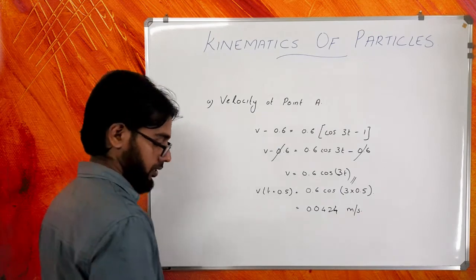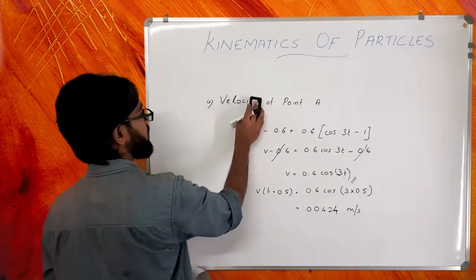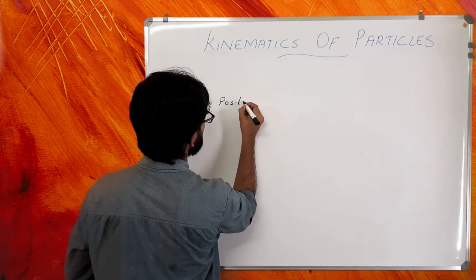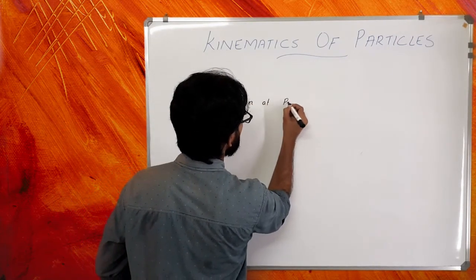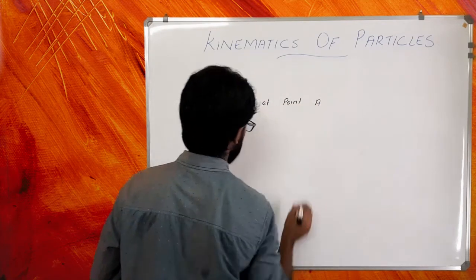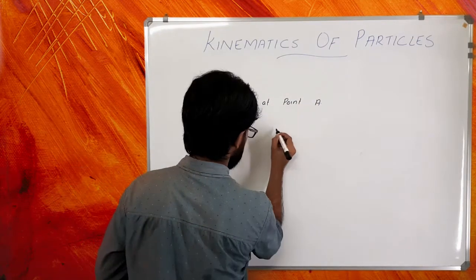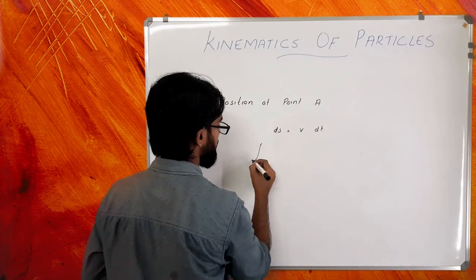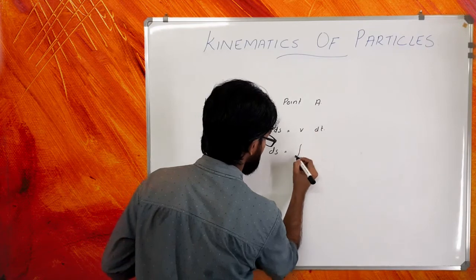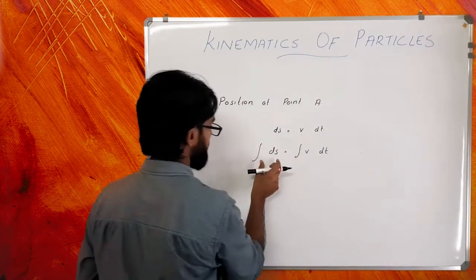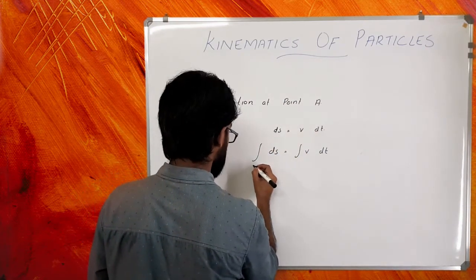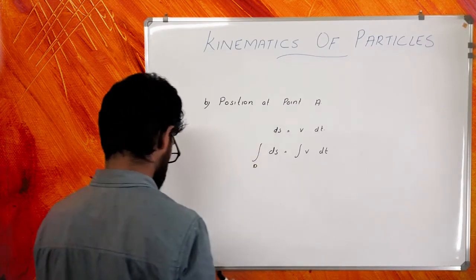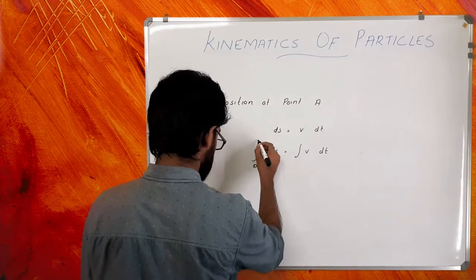Now the next part of the question is position at point A. Now we have the basic equation, ds equals v into dt, integrating both sides. Here we have the lower value as 0 and the upper value as s.